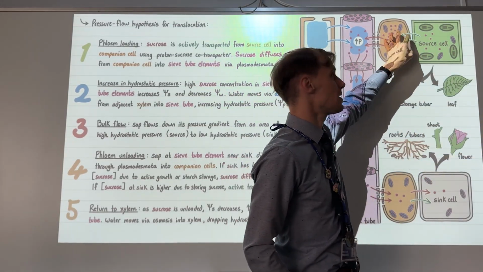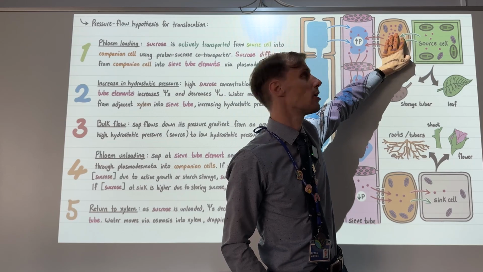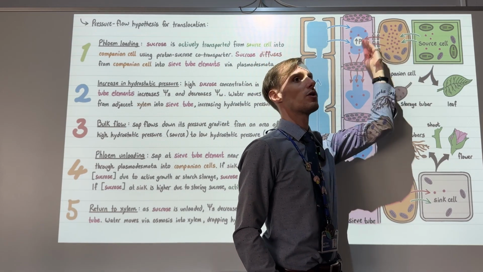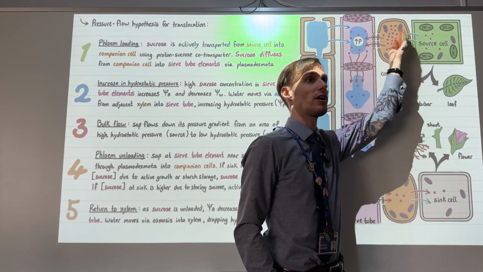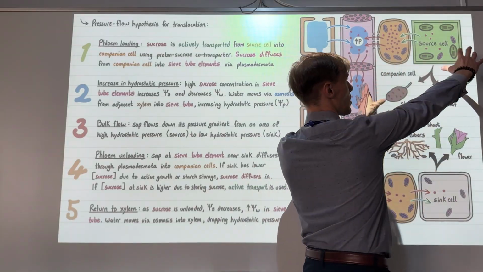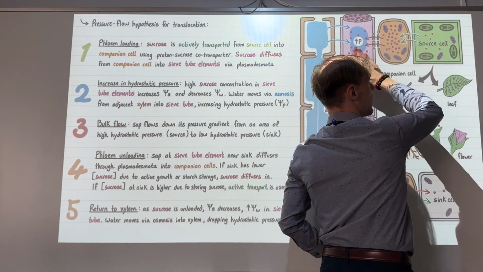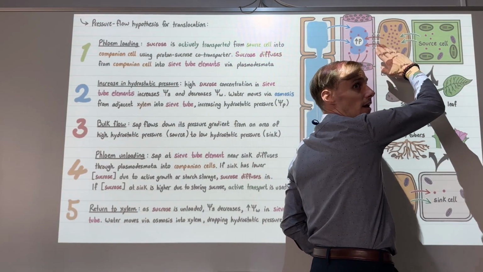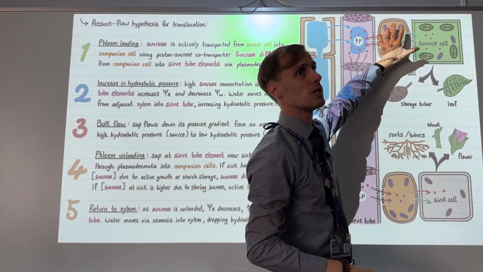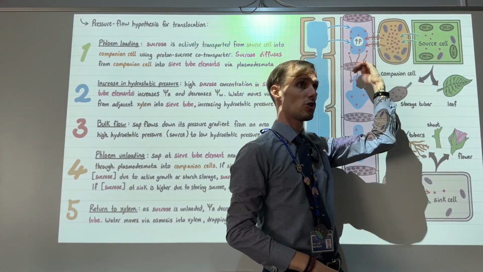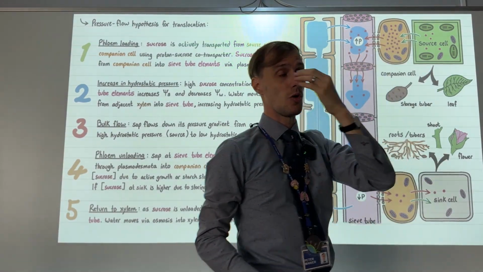By having a really high concentration of sucrose here, this is passively always going to flow into the sieve tube cell constantly. So as it's being made, they're sending it out, sending it out. High concentration of sucrose here, and then it's going to passively enter here. So let's look at that now.